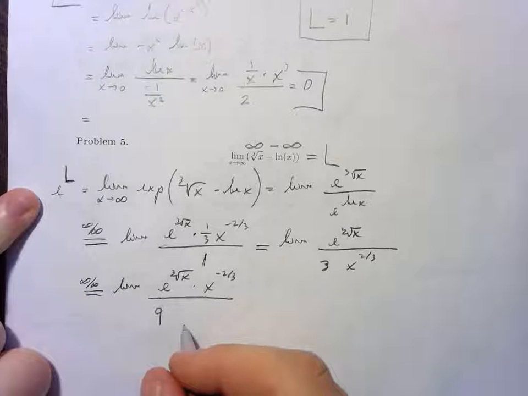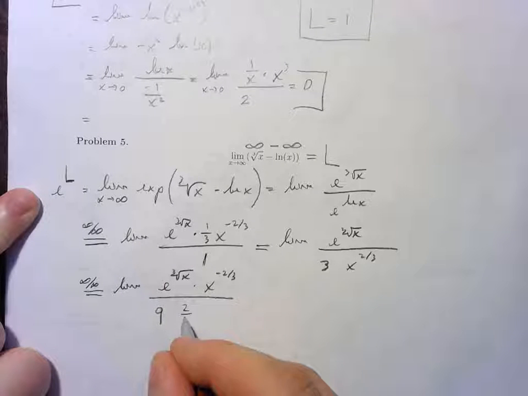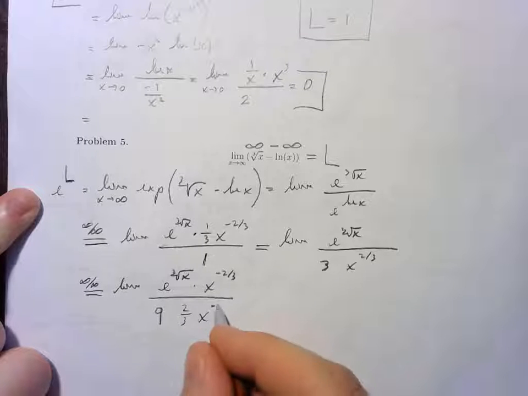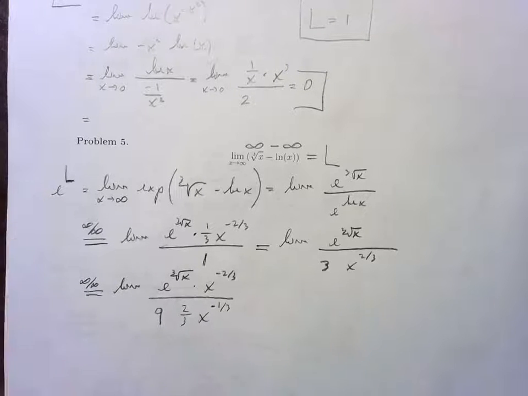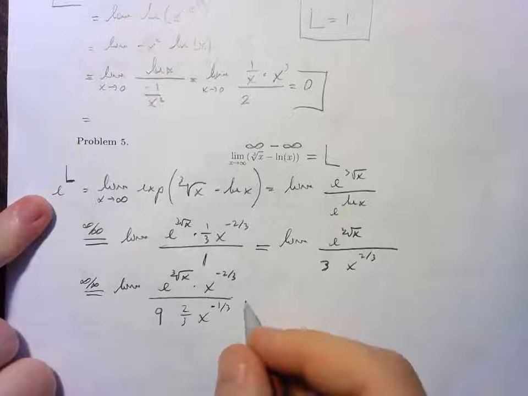And then we have on the bottom, the derivative is going to be 2/3 x to the power minus 1/3. Okay, so far so good. Let's see what we end up with now.